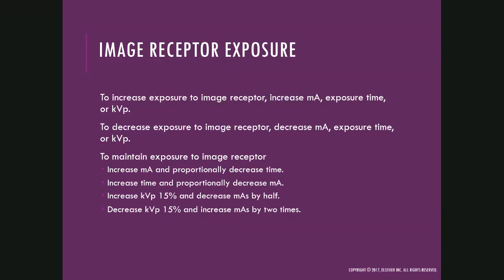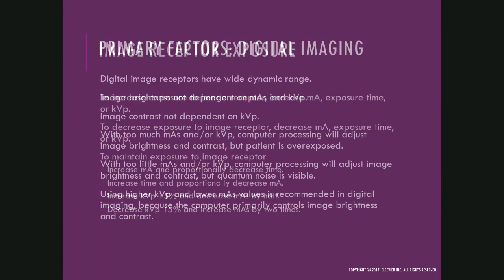So if it says something like optimal exposure index, then you know that you're trying to maintain the exposure. If you're going to maintain the exposure but decrease the patient dose, that means you're going to be decreasing your mAs, which means you would have to increase your kVp. We'll work on that a little bit, but I like to give you guys a heads up so you know what's coming.